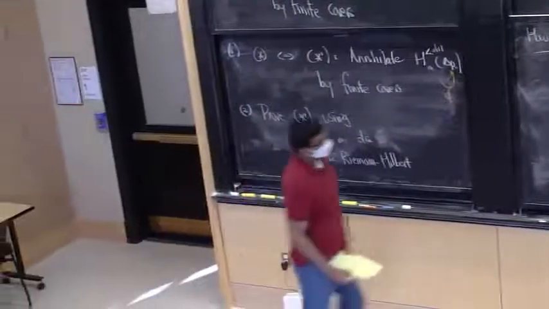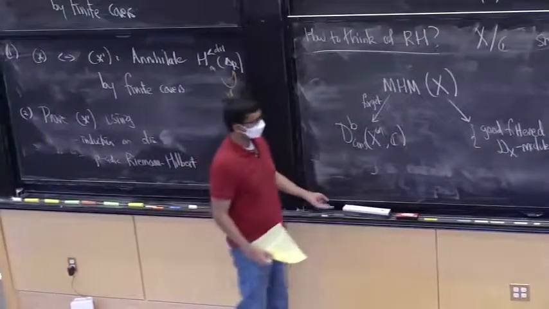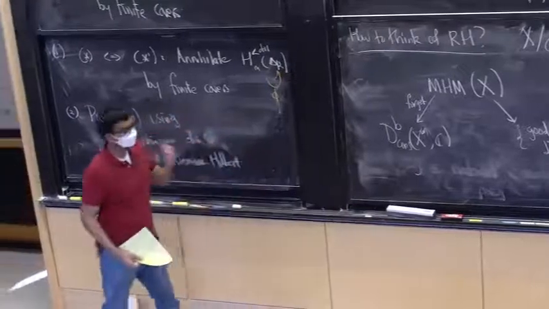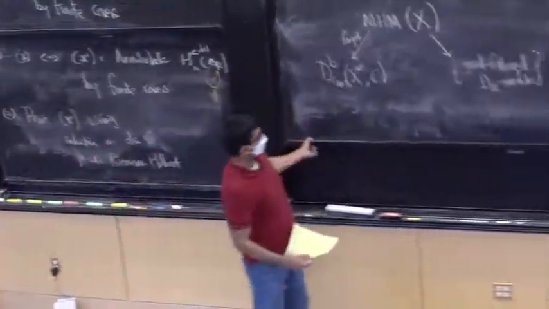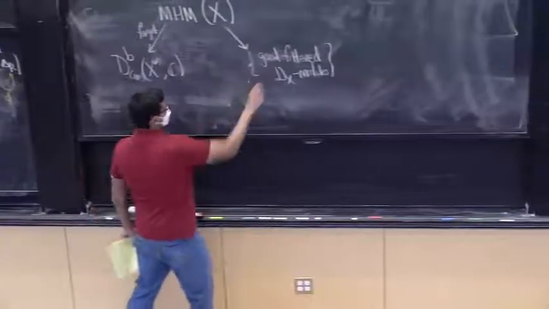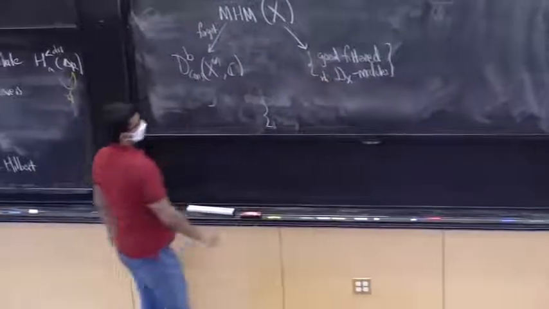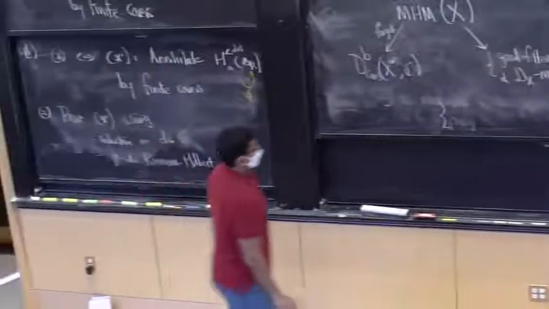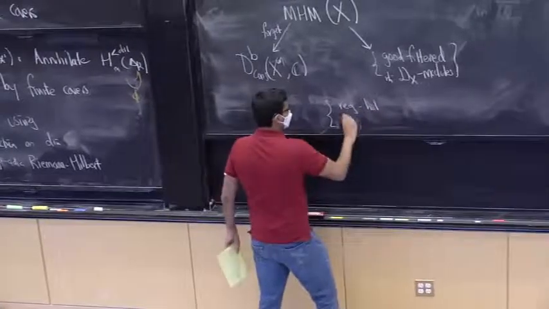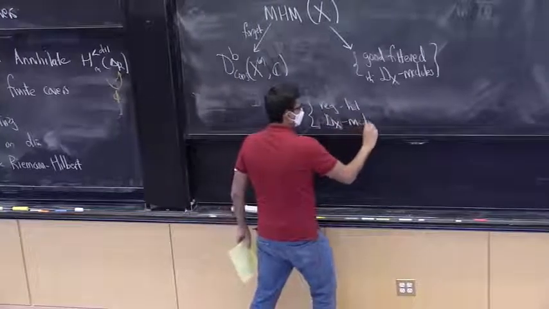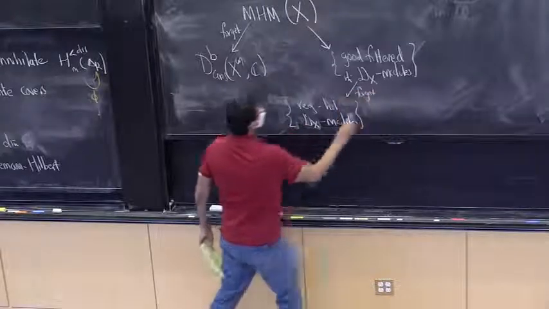But it's not just a D module, it also comes equipped with what's called the good filtration, which is the notion that makes the theory of D modules actually work. And then, of course, you can just forget the filtration. So really, it's regular holonomic D modules. And so down here, you have regular holonomic D modules, which is what you get if you further forget the filtration.